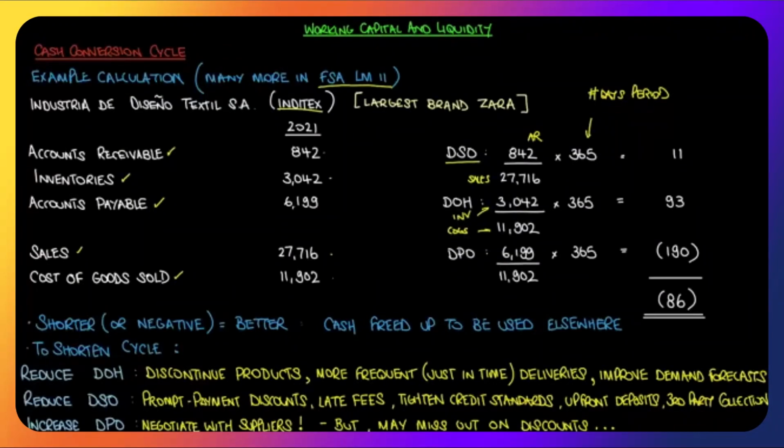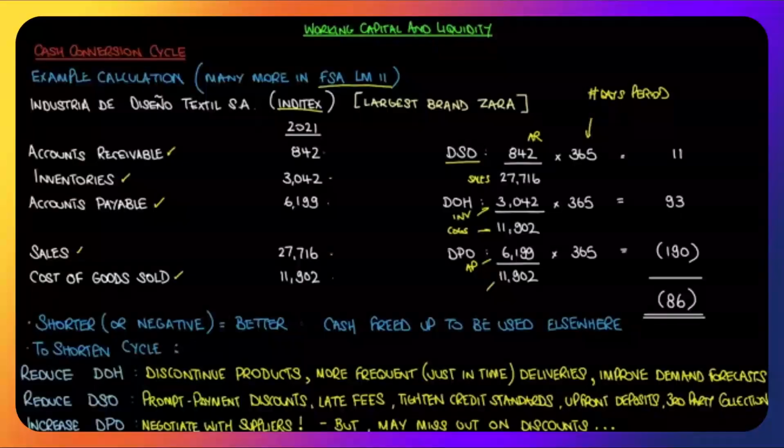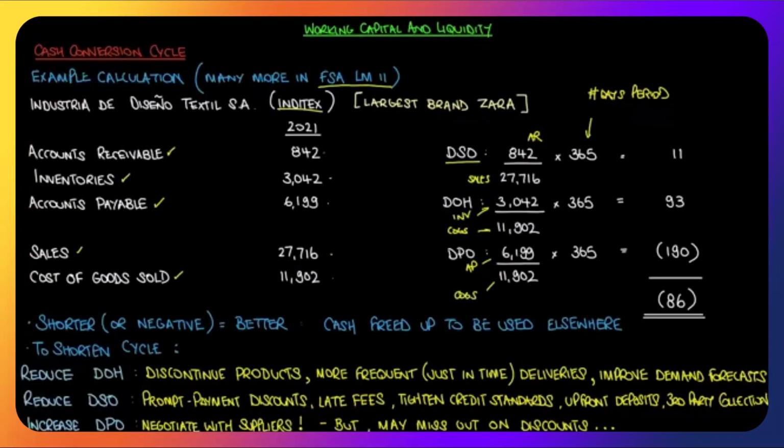And finally, DPO. Balance sheet figure again, this time accounts payable, divided by, again, cost of goods sold, 6199 over 11902 times 365, 190. It takes this company 190 days on average to pay its suppliers.